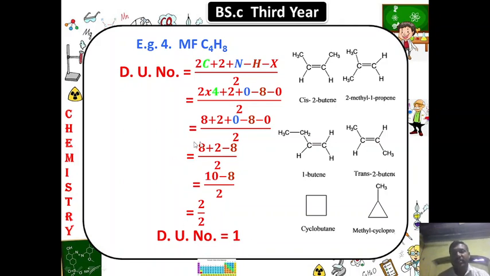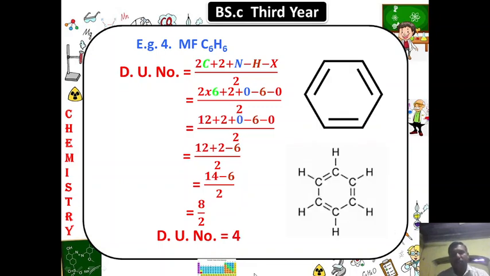Here also there is one unsaturation, but many different structural isomers are possible from this formula. To find exactly which compound it is, we use the NMR signals or NMR data, and from that data we determine the exact compound.